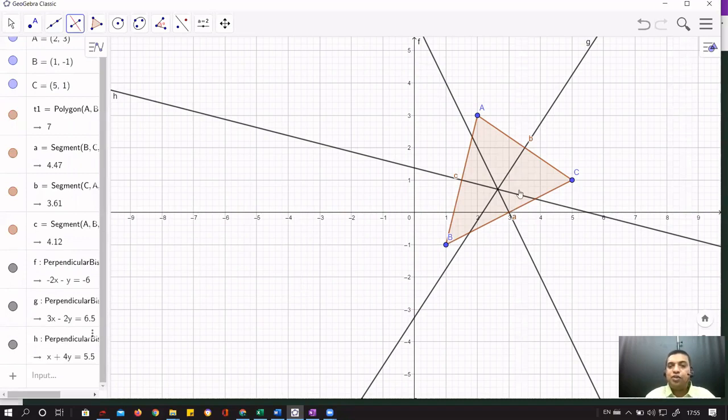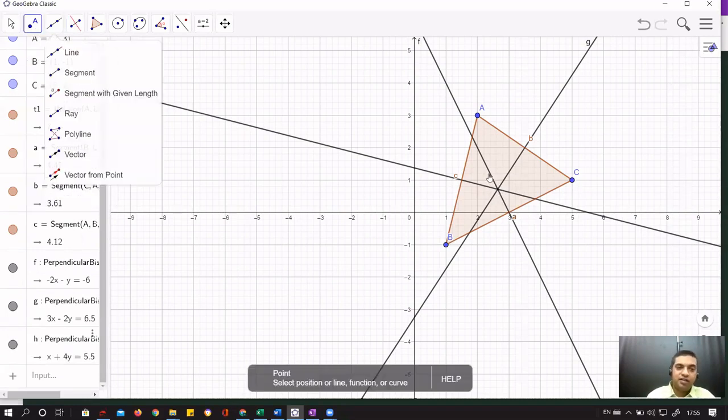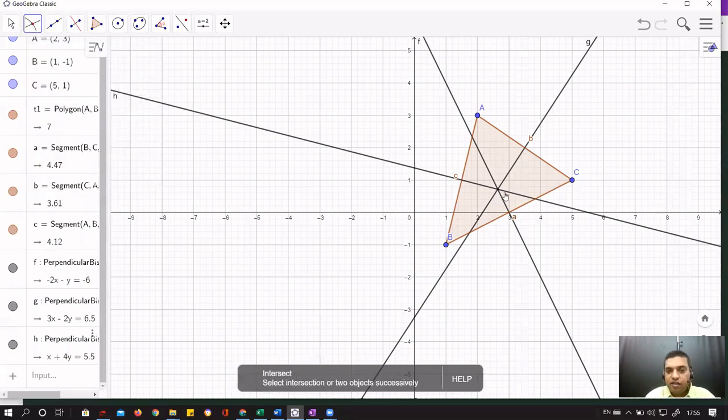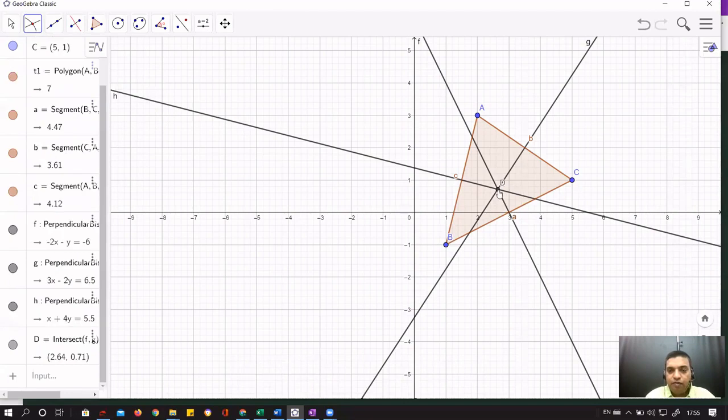You see that the perpendicular bisectors intersect at a single point. This is the point of intersection of the perpendicular bisectors. The point of intersection of the perpendicular bisectors is called the circumcenter.